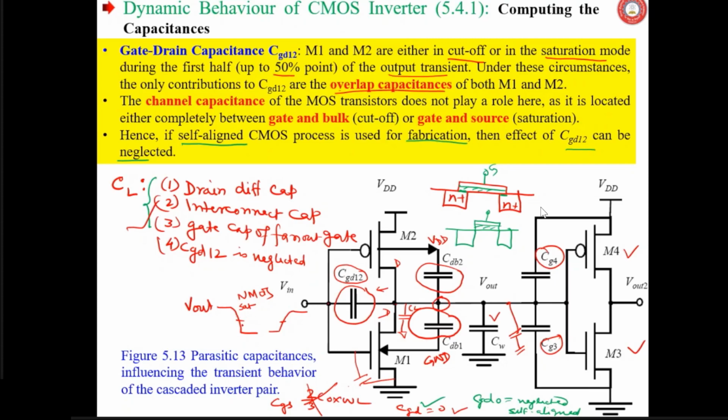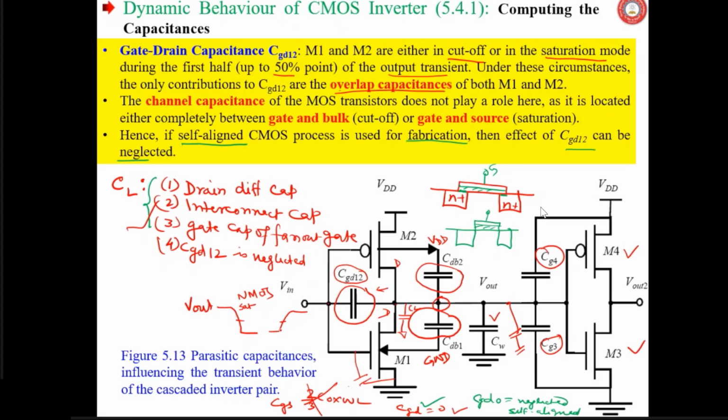So most of the time, when Vout is high, your NMOS is off. After that, when the output node is falling, from cutoff it will enter into the linear region, then saturation. During the fall, it is in the saturation region.